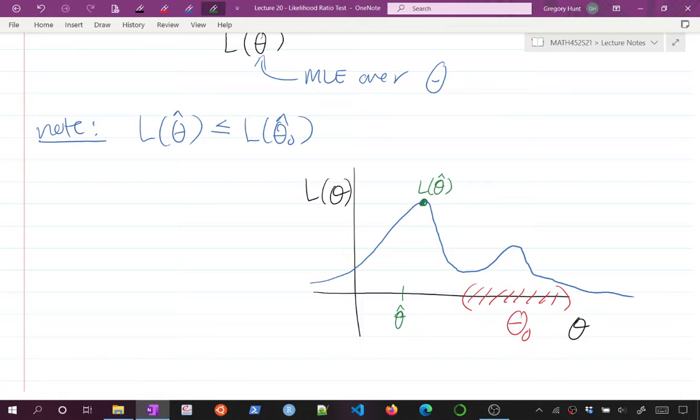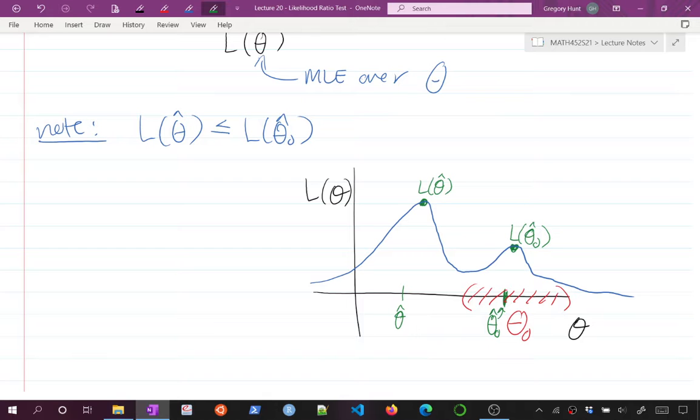And if I were to find the MLE over just my null hypothesis, so I'm restricting myself to the red here, then my theta naught hat would be the point corresponding to my lower peak, and the value at this point, L of theta naught hat, would be the value of my likelihood function at that restricted MLE.